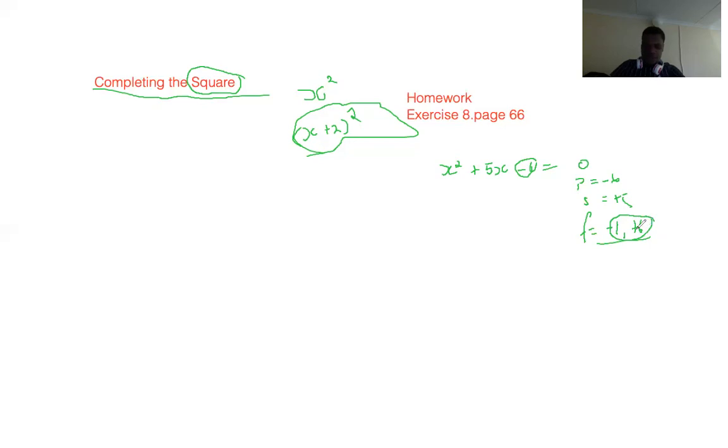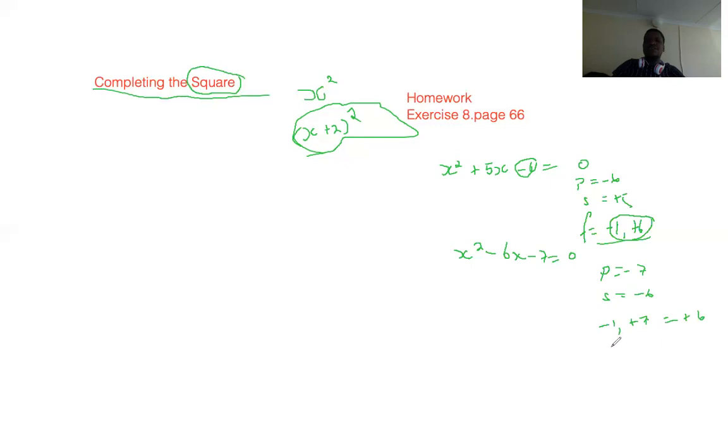But then we will have certain questions where we cannot find such factors. A question like x squared minus 6x minus 3. The product is negative 3, the sum is negative 6. For you to find two numbers that multiply to give 7 and add to give negative 6, that's impossible.